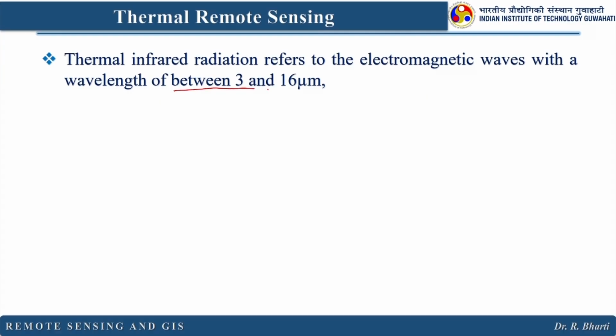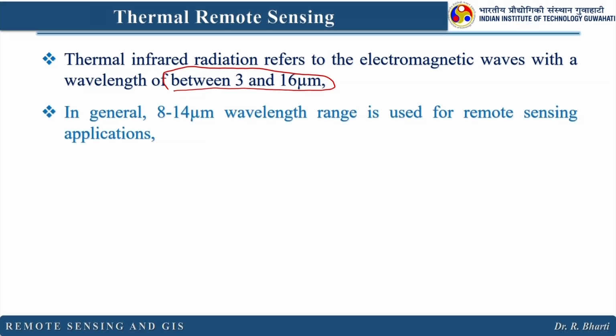Thermal infrared radiation refers to the electromagnetic wave with a wavelength between 3 to 16 micrometer, right? And in general, the 8 to 14 micrometer wavelength range is used for remote sensing applications.